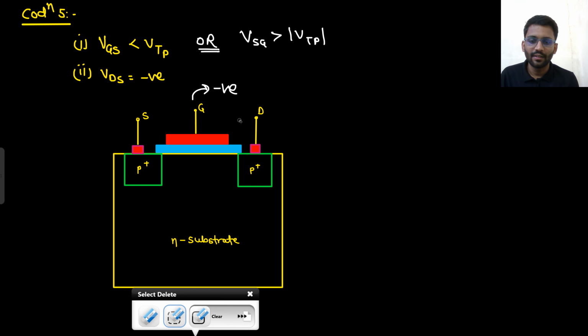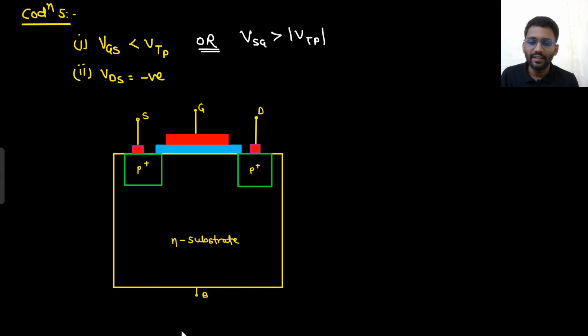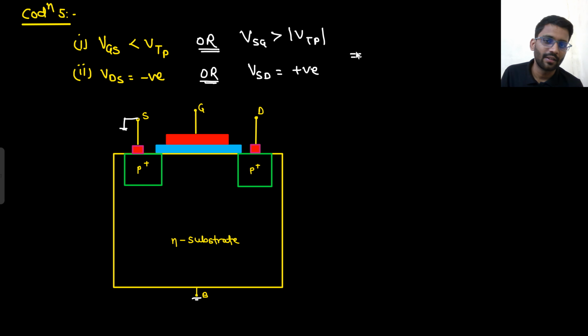And my VDS is negative, that means I am applying negative potential at the drain while the source is grounded. So my VSD is positive.